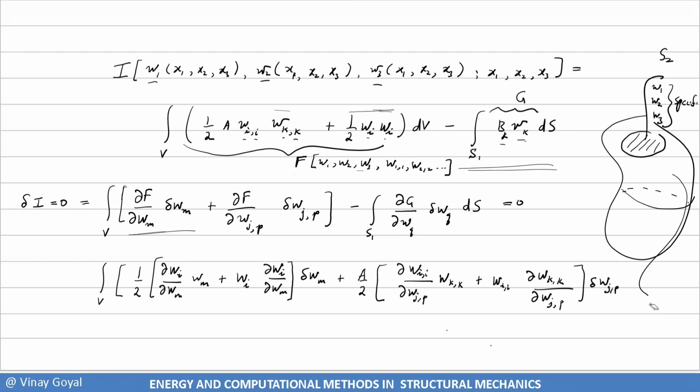Let me clean this up. So this over the surface S1, and this over the volume. I forgot to put volume here. And then I have the term over here, the derivative of G with respect to Wq, which is basically minus the integral over S1 of Bk times the derivative of Wk with respect to Wq, del Wq, dS. Sorry for making it messy, but I think we're getting there.